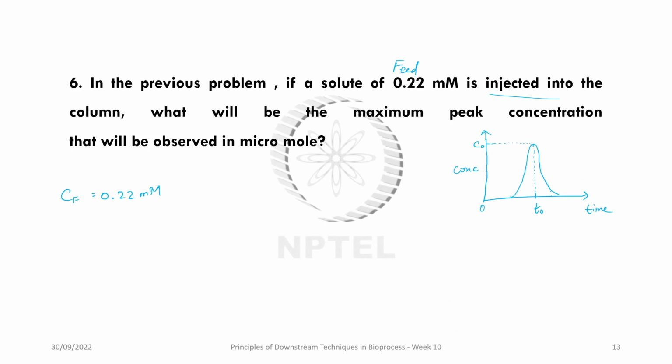Now, if a solute of 0.22 millimolar is injected into the column, what will be the maximum peak concentration? So they're asking you C naught is equal to what? That will be observed in micromoles. So how do you find that?